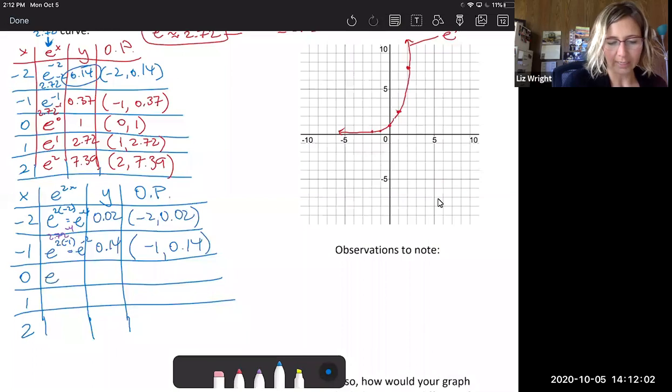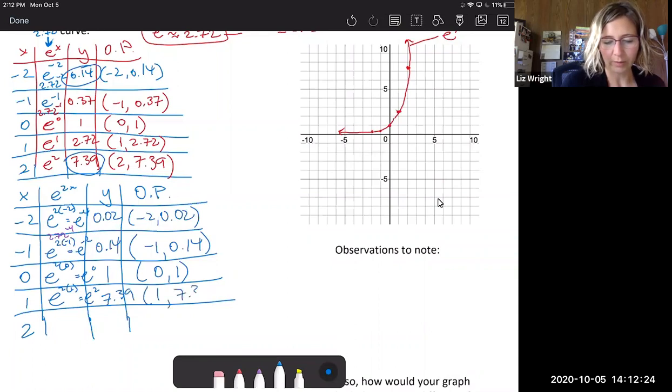Then here we're going to get e to the 2 times 0, which is going to give us e to the 0, which is going to give us 1. So it's going to be at 0, 1. Then here we're going to get e to the 2 times 1, which is e squared, which we already did right here. So it's going to be 7.39. It's going to be 1 comma 7.39.